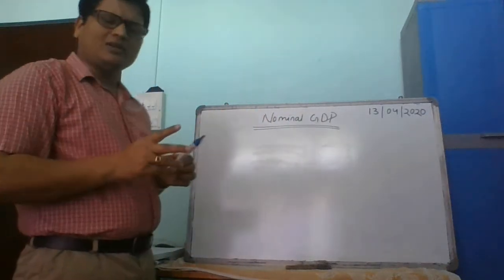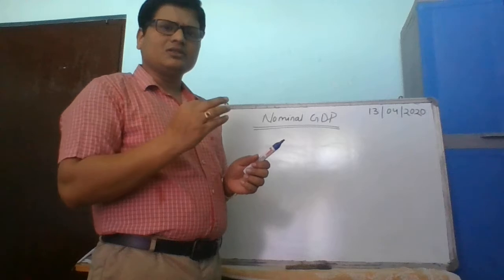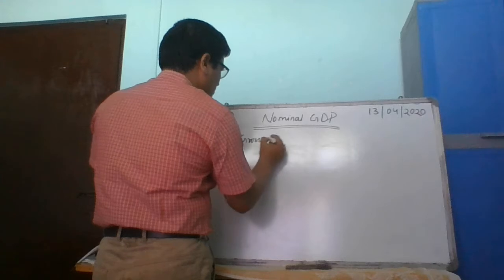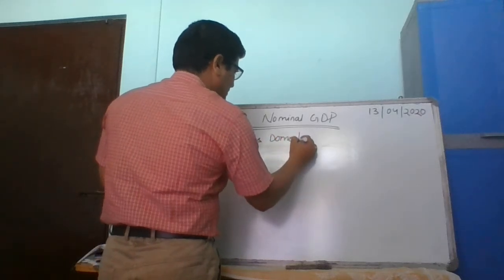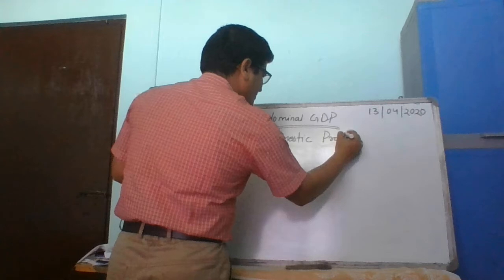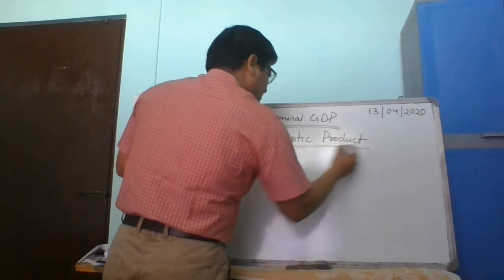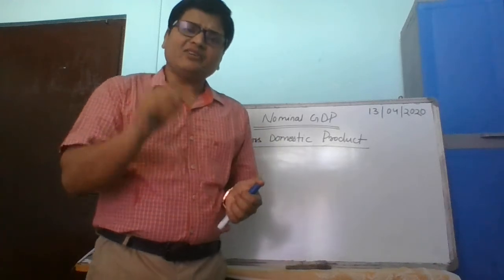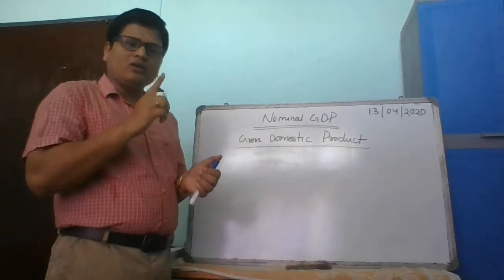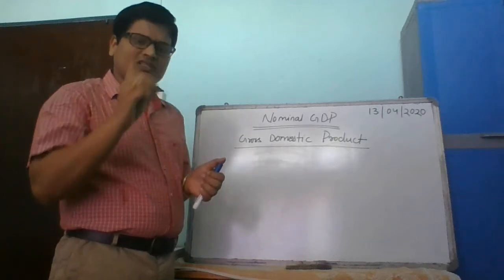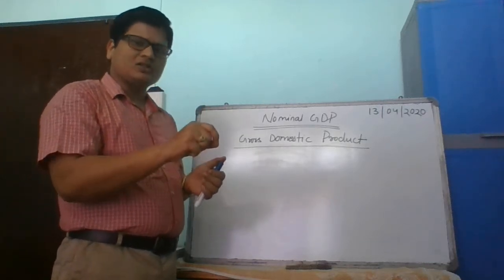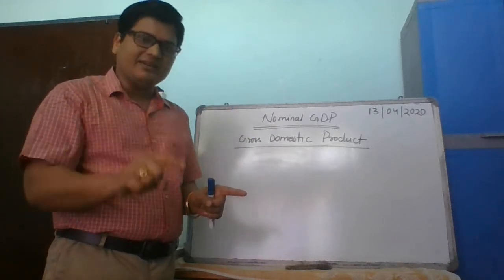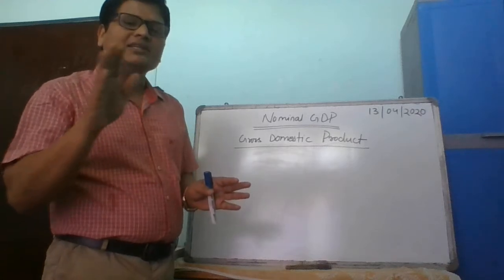GDP, we have already learned in previous classes. GDP means gross domestic product. Gross domestic product means the market value of all final goods and services produced in the domestic territory of a country during an accounting year.